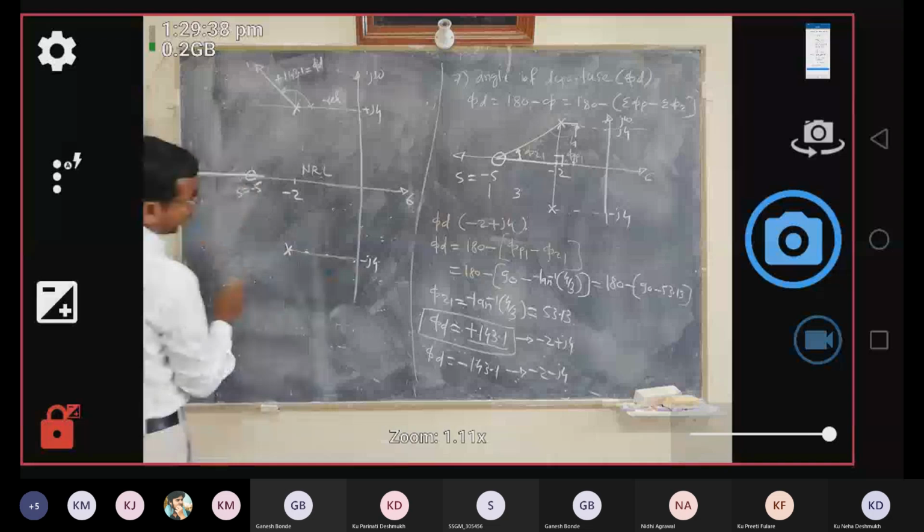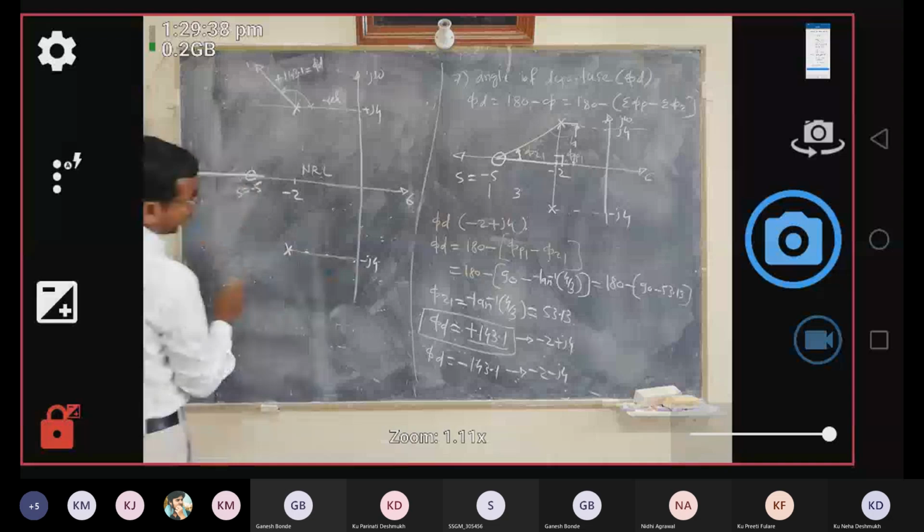So we have to find the breaking point. Okay, either at s is equal to 0 or s is equal to minus 10. So s is equal to 0, that point lies under the non-root locus part. Therefore, s is equal to minus 10 will be your breaking point. S is equal to minus 10 is valid on root locus. So therefore, at this point, these two branches meet together.